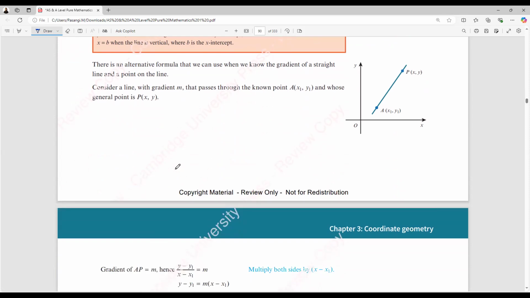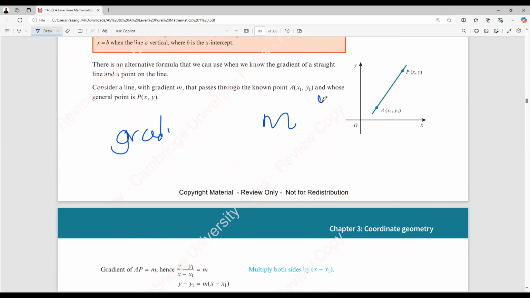Here there is an alternative formula we can use when we know the gradient of a straight line and a point on the line. Consider a line with gradient m that passes through a known point.